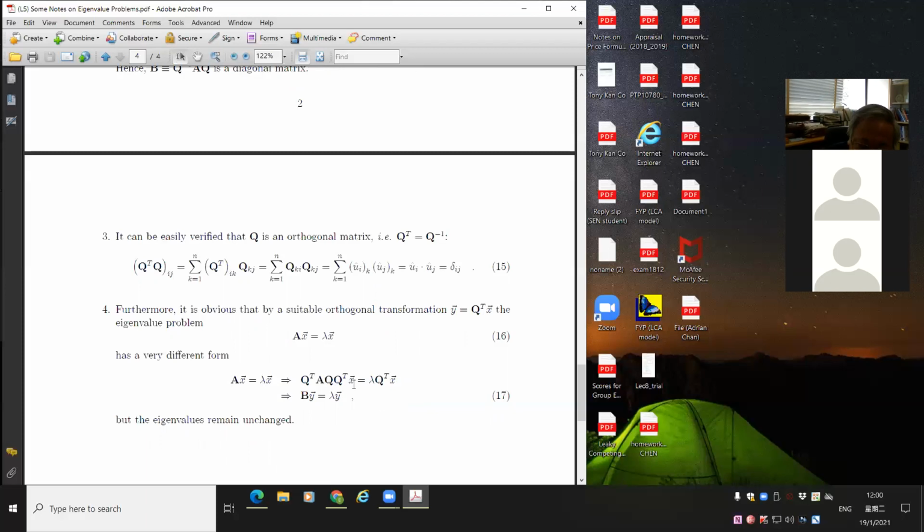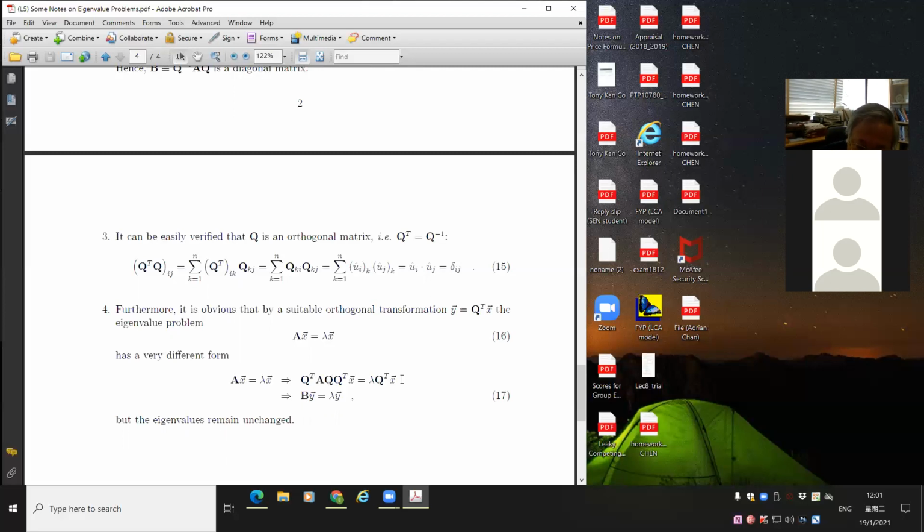This identity matrix can be written as the product of Q and Q transpose, because Q transpose is the inverse of Q. Now, what is Q transpose A Q, or Q inverse AQ? That is the B.